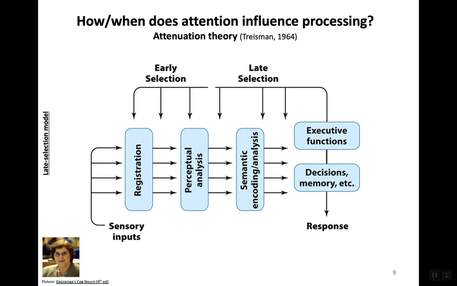To be more precise, what Anne Treisman suggested is that attention acts not just early, but also late. It's a multi-stage process. And secondly, she believed that attention is not a process of discarding information, but rather one of selectively attenuating information.